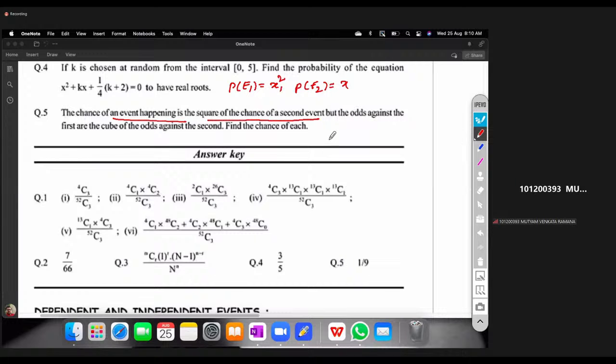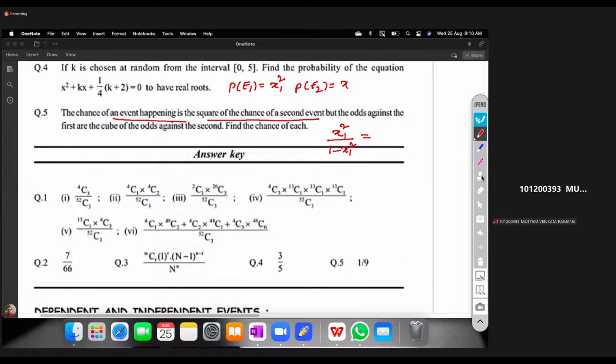But the odds against the first one, 1 minus x1 squared by x1 squared, is equal to the odds against the second one.